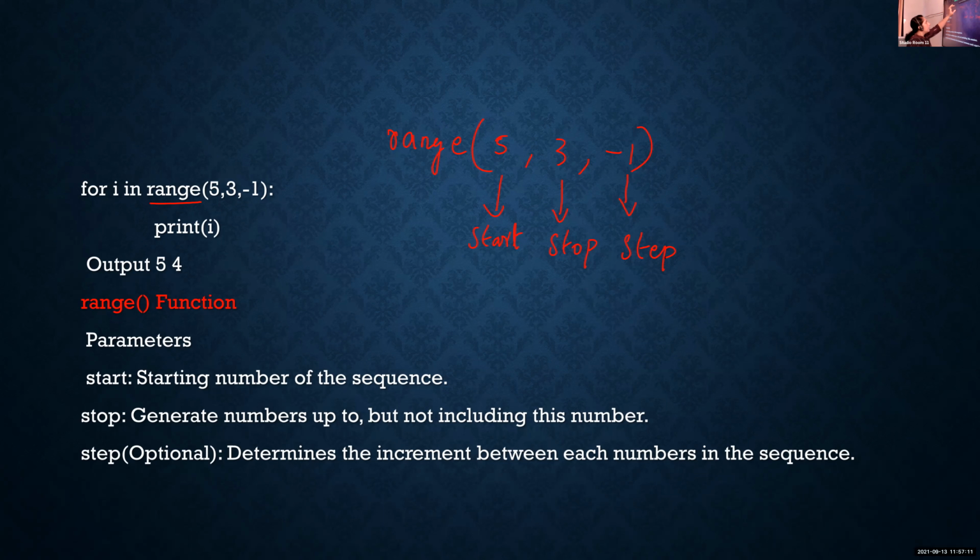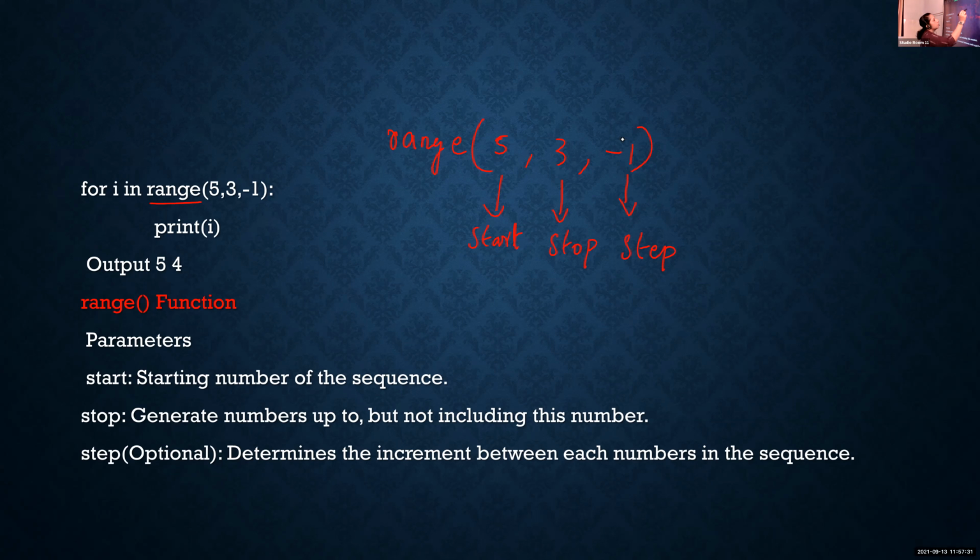So when we are using this range function, we are using three parameters. The first is start, second is stop, third is step. Step is for incrementation. Start is the starting value, stop is the stop value.